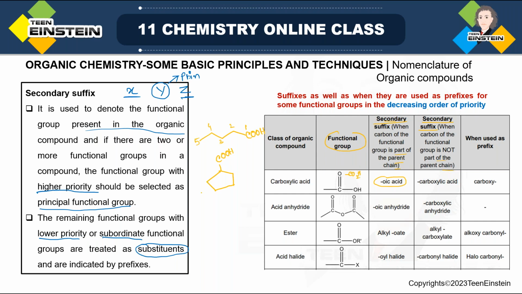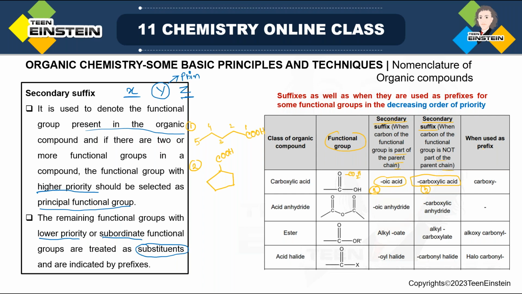So you are counting the carbon of CO2H. It is part of the parent chain. But in the second case, it is not part of the parent chain. So in the second case, you will use the term carboxylic acid, but oic acid you will use in the first case. Number 1, you will use this. Number 2 case, you will use this one. Fine.